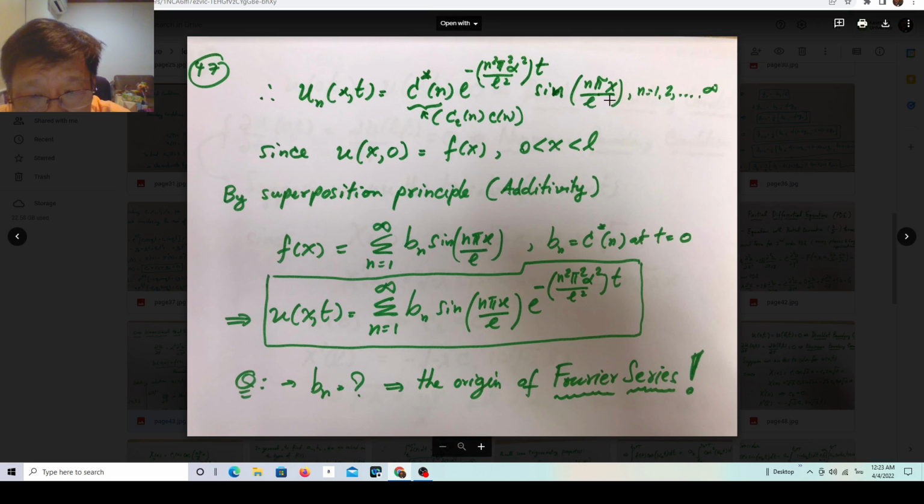Why additive? Because n can start from 1 to infinity. So you want to look at u(x, 0) for all n. This one is u(x, t) for any specific n, but this one you say is u(x) at time 0 for all n.